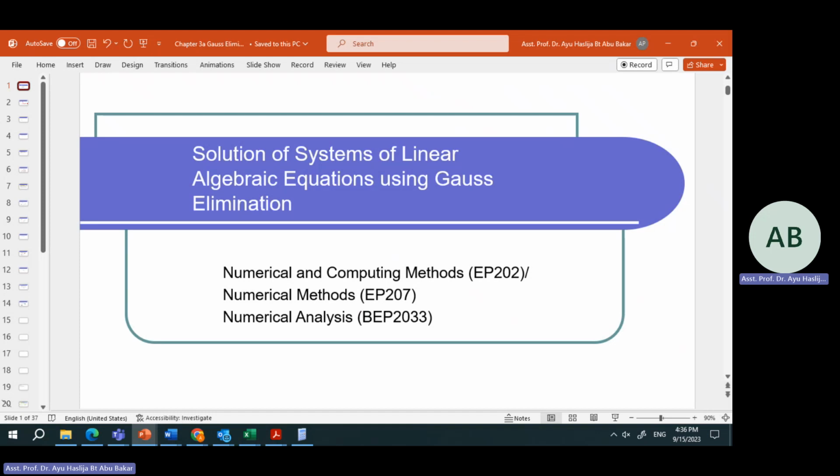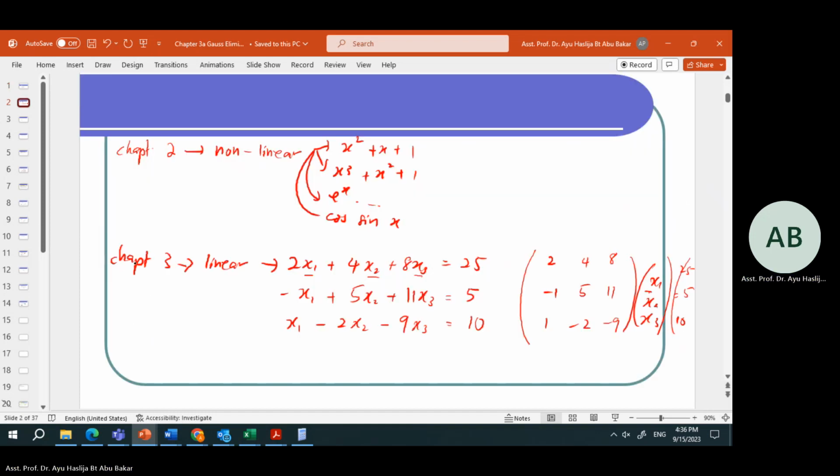The Gauss elimination is matrix form. Chapter 2 was nonlinear, bracket and open. But chapter 3 is a linear equation where x power 1 only. And we convert the equation into matrix.